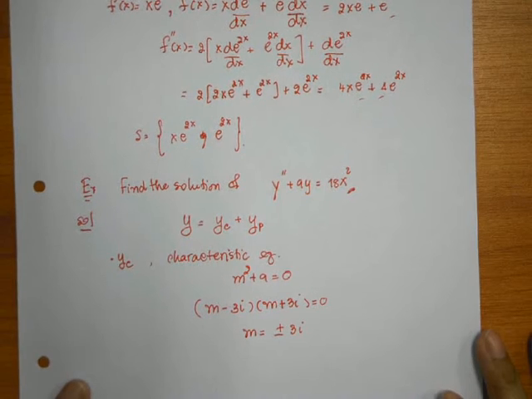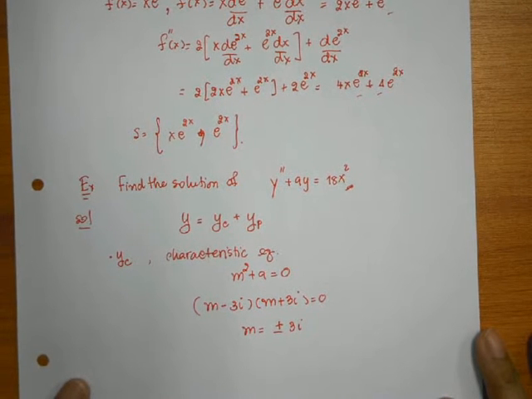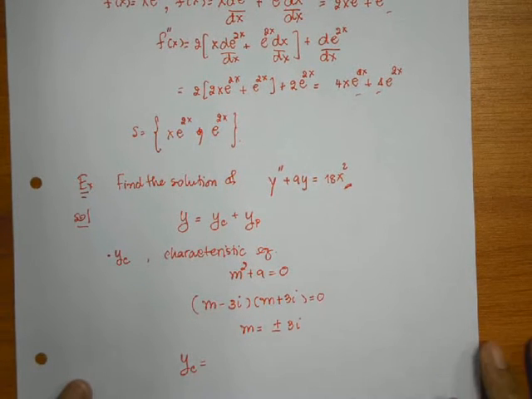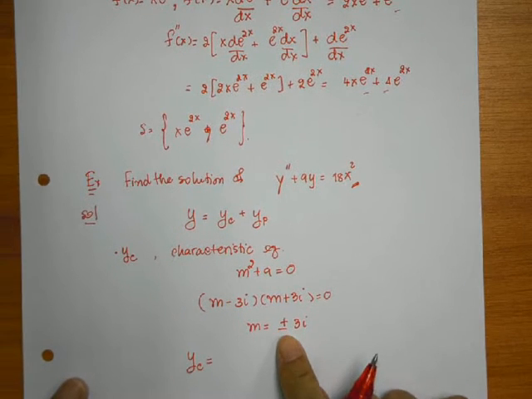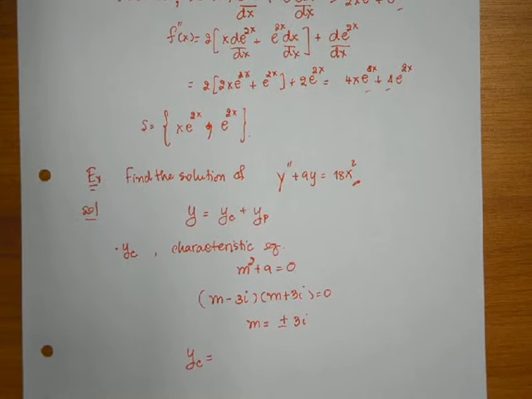Which case? 1, 2, 3, or 4? Case 3. yc is, for the term where the real part is equal to 0, exponential of 0, which is equal to 1. So we don't need to write this down. So you would get what?